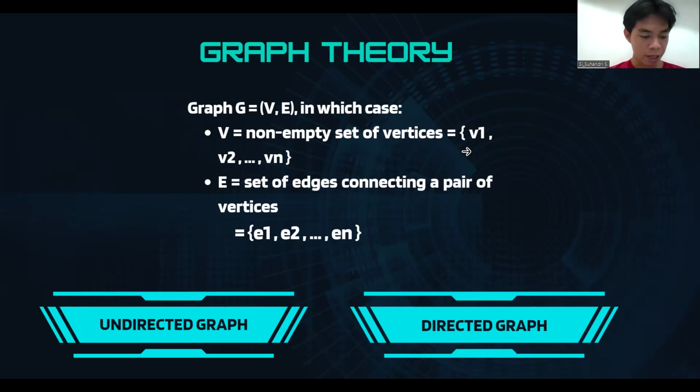In an undirected graph, the order of pairs of vertices connected by edges is irrelevant. Two, directed graph: a directed graph is a graph whose sides have a clear directional orientation. A directed side is called an arc.